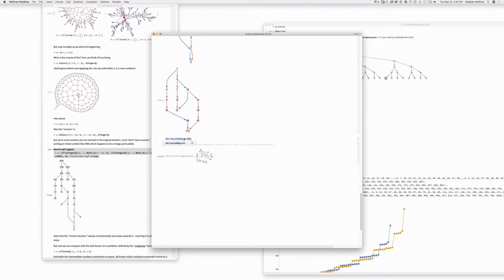That will tell us which things are mergers, are two mergers. Then we want to say position in that of 2, flatten that, and then vertex list of GR10 of that, right? And that gives us the merger points for that graph.